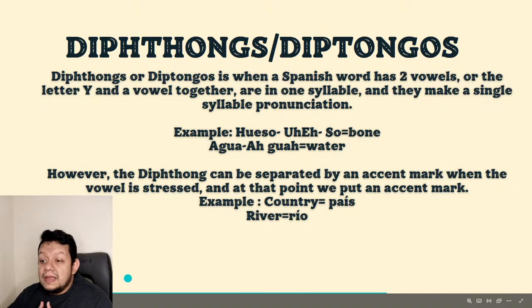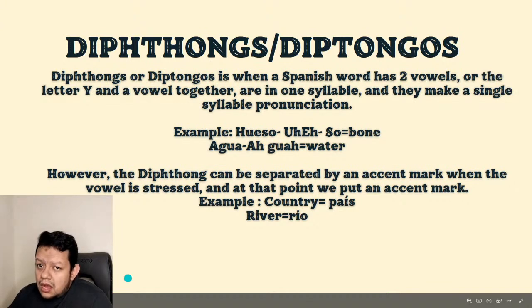River in Spanish is río. You just say río and you'd be like, okay, R-I-O, but you have to put an accent on it when you're writing it down. So in other words, you say río, where we're stressing the I, so it's written on the I.